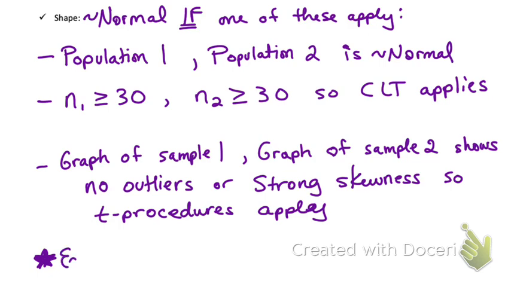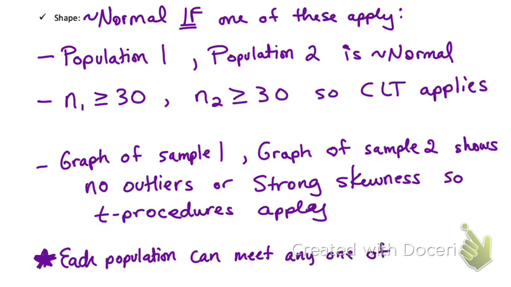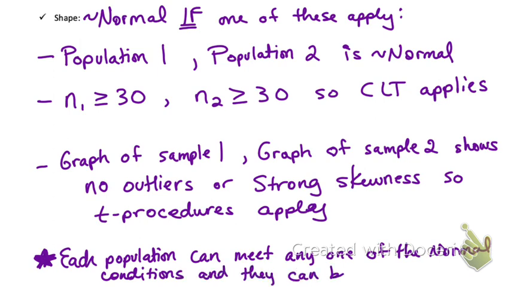Each population can meet any one of the normal conditions, and they can be different. It does not have to be that they are both greater than 30. If one of them is greater than 30 and the other one has a good sample graph, great. That works. It can be any combination. Cool?